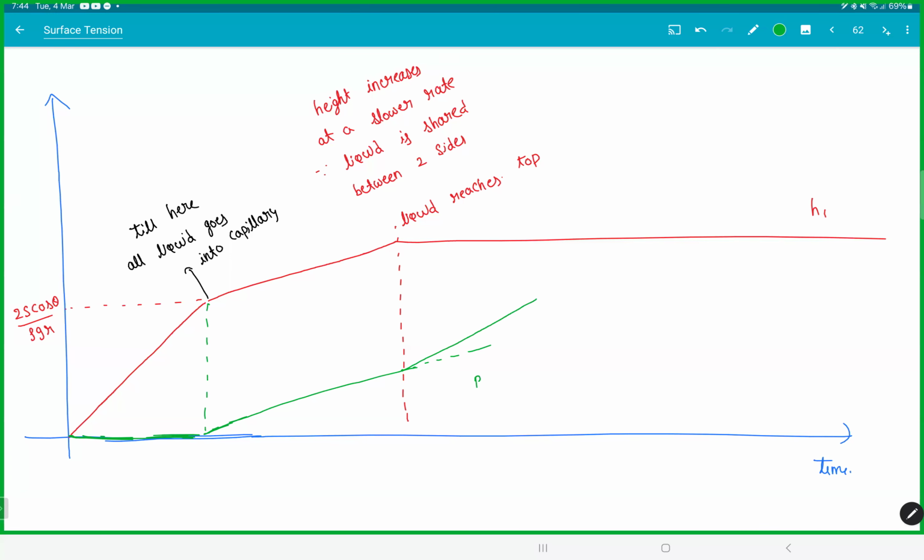The rate of change increases slightly, since all the liquid goes to the right side.